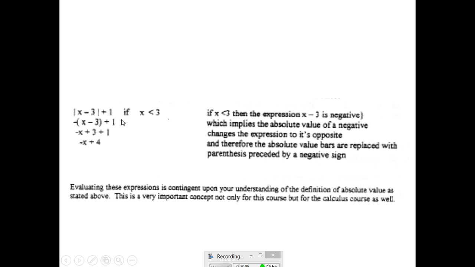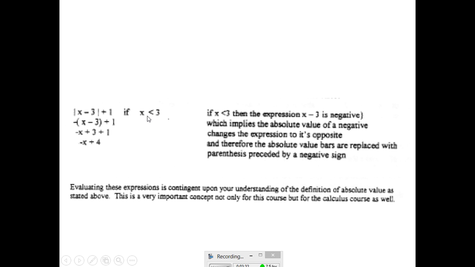What about the same expression for values less than 3? For values less than 3, check a value, 0 per se. 0 is less than 3, so 0 minus 3 is negative 3. So then what happens? You are inside here with a negative, and the absolute value will alter it to a positive. So actually the absolute value is taking its opposite.